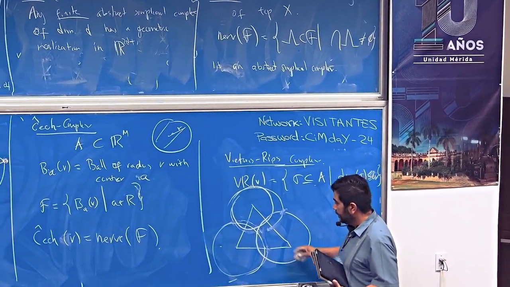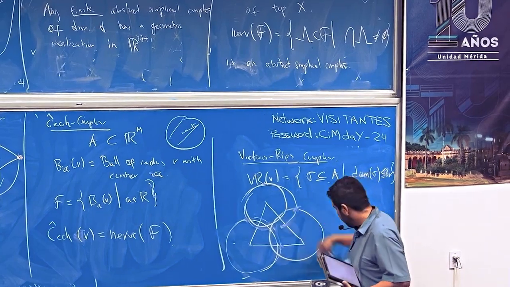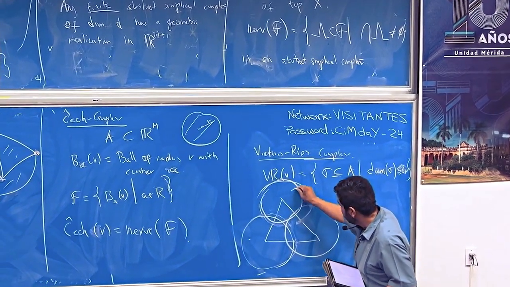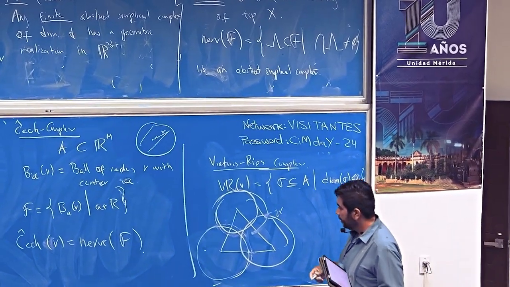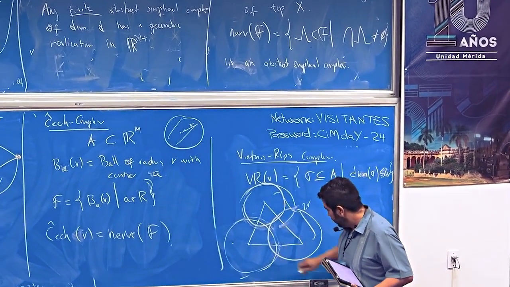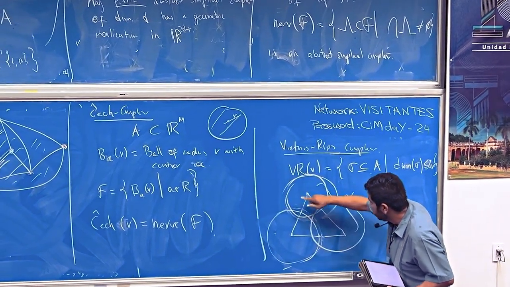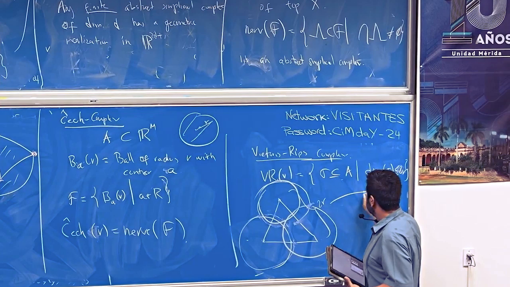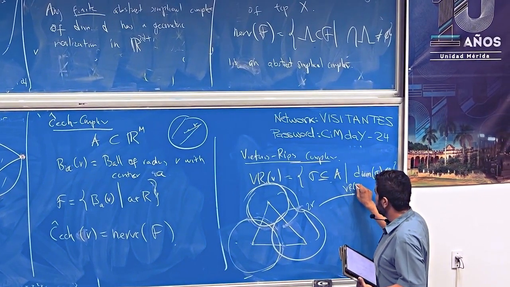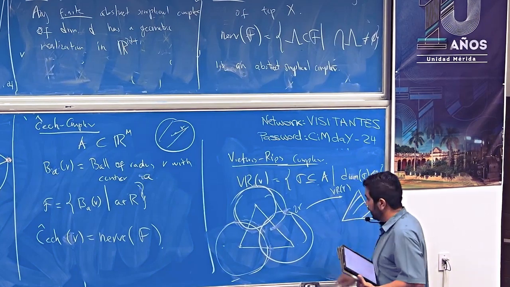So in this case, the diameter of the 3 points is 2r, then the distance between the 3 points is such that the Vietoris-Rips in this case is going to be the 3 edges, the 3 points, and the face.